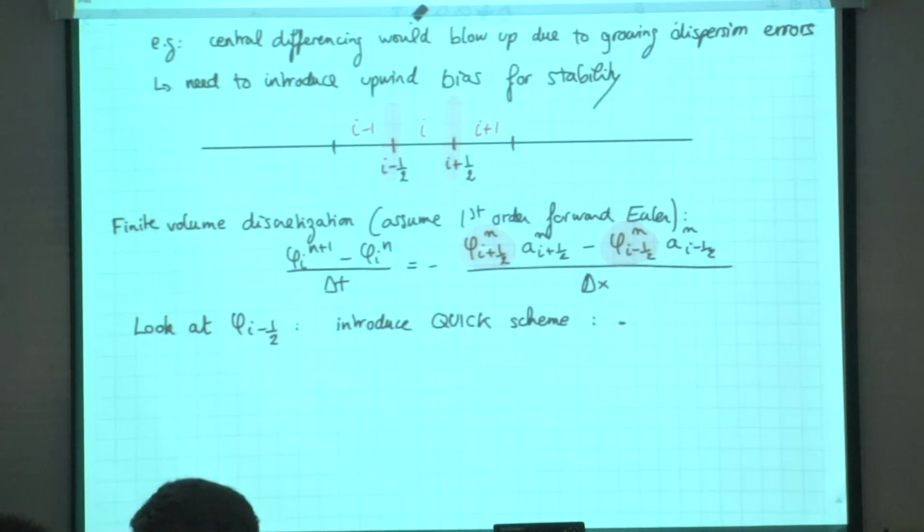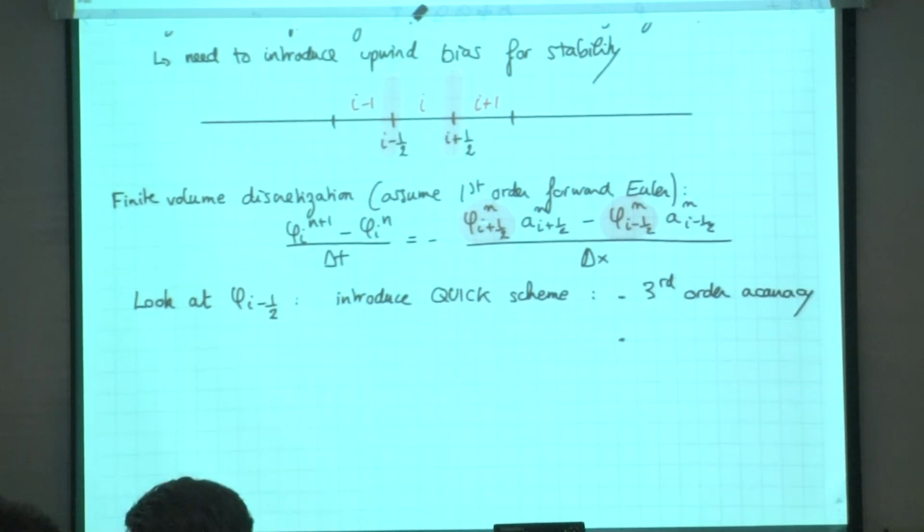First, it's going to give us third order accuracy. And some level of accuracy is required if you want to do interface capturing like this, or interface tracking, basically transporting interfaces. And it's going to allow us to upwind bias our solution.